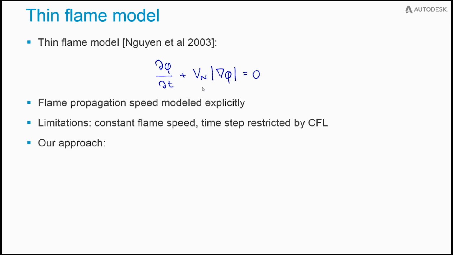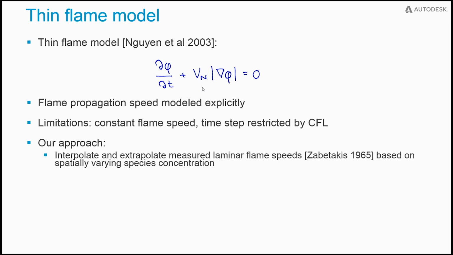So in our approach, we took outset in some experimental data back from the 50s and 60s. So back then, a lot of measurements were made of the flame speeds of various fuels combined and pre-mixed with oxidizers. And we interpolate and extrapolate this data based on the local concentration of species, such that when we interpolate the data, we get data that's experimentally valid.